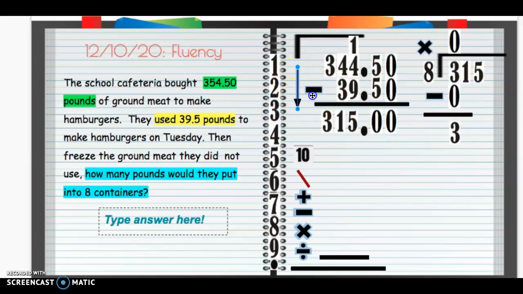I bring down my 1. I ask myself, how many times does 8 go into 31? Well, 8 times 4 is 32, so that's too big. So it has to be 3. So 8 times 3 is 24. And then I subtract.